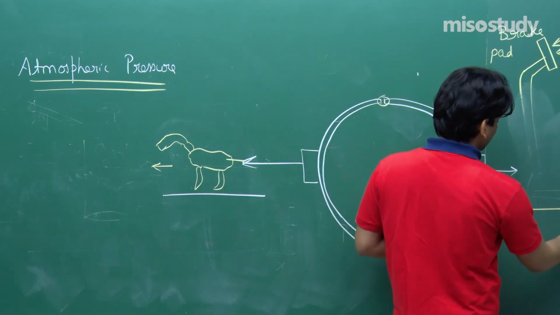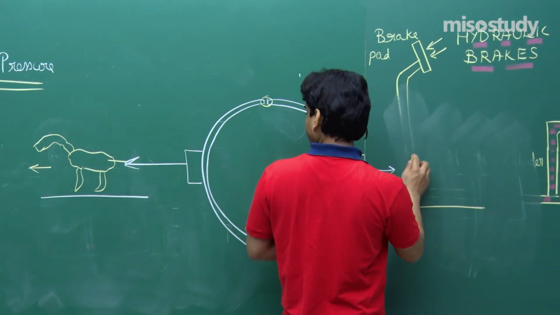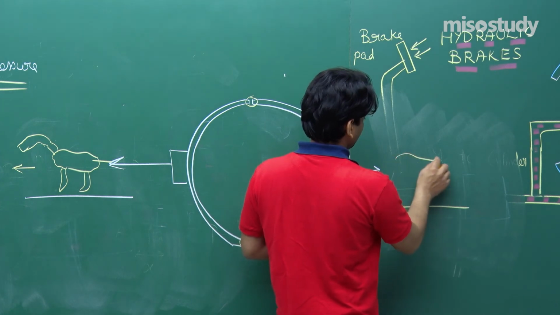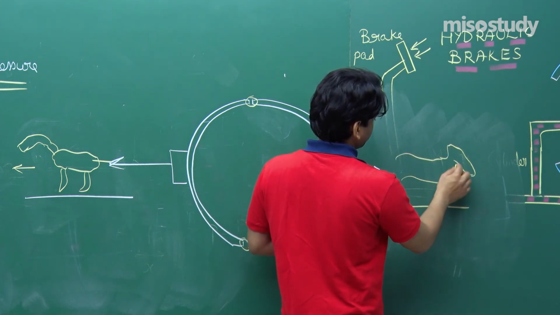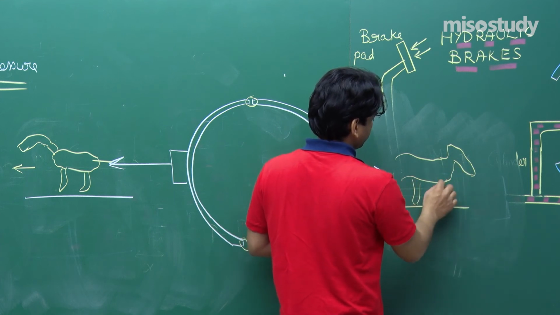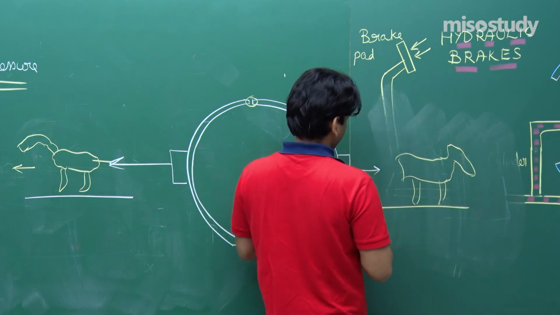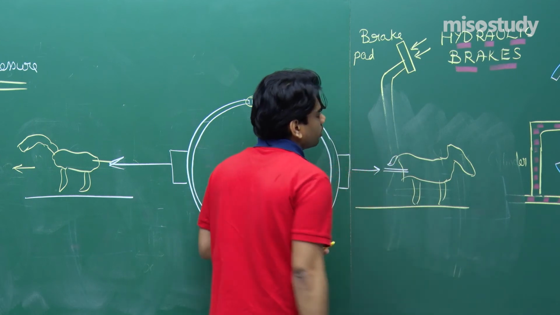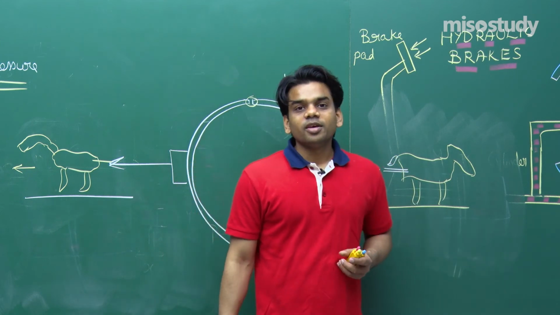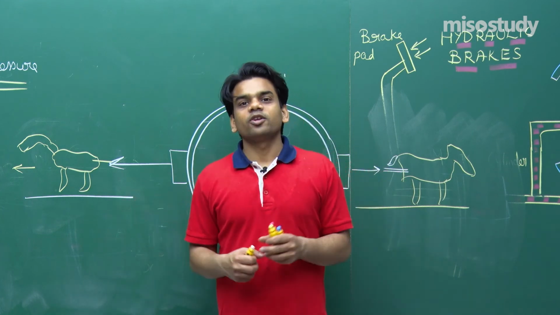This is what the actual story went. This was the thing that happened. This is connected with this horse. Still they were unable to separate them.